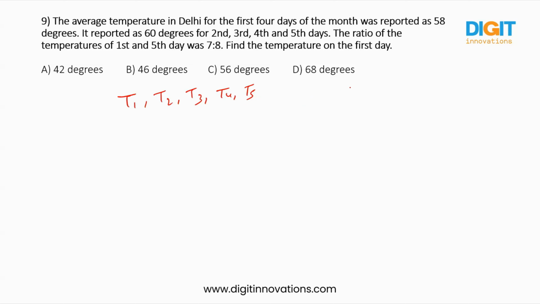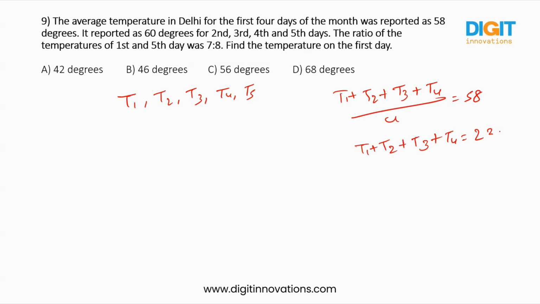The average of the first 4 days is 58. That means T1 plus T2 plus T3 plus T4 by 4 equals 58, so the sum is 58 into 4, which is 232.